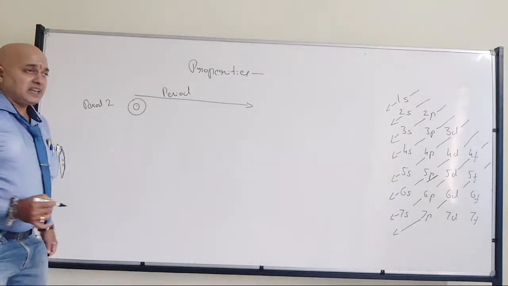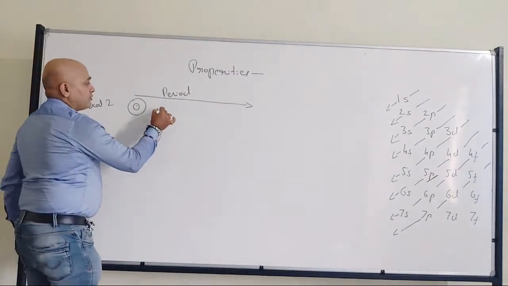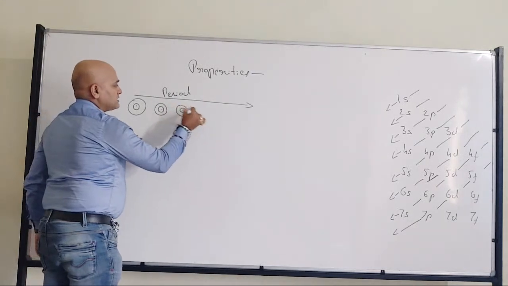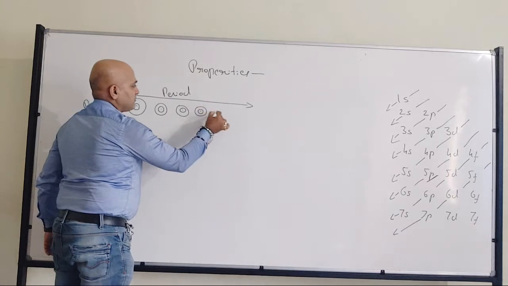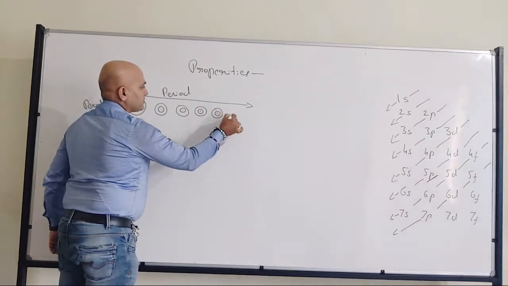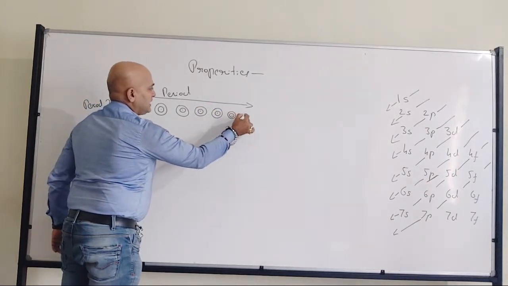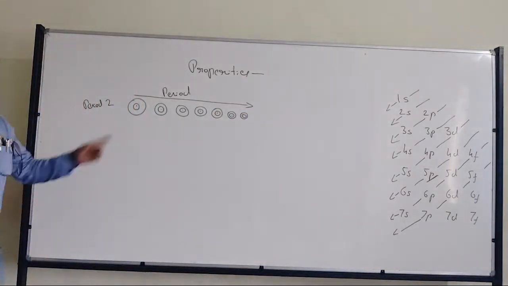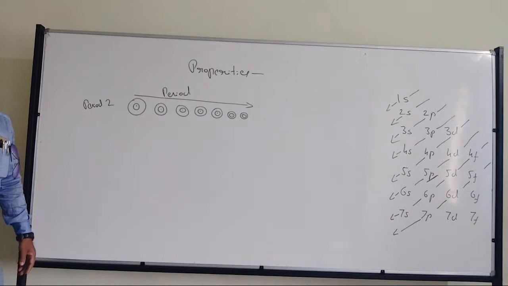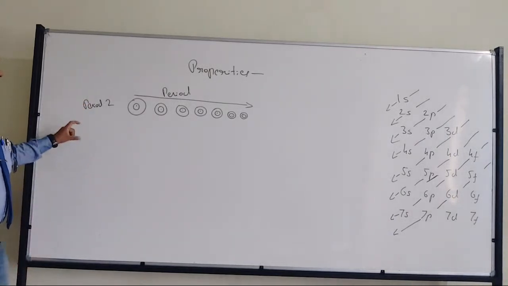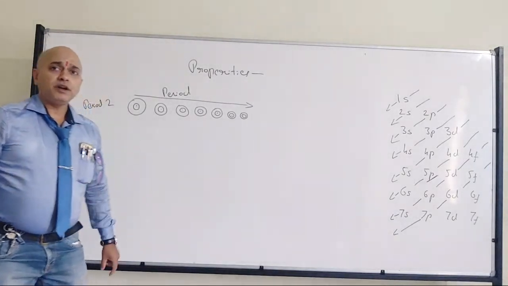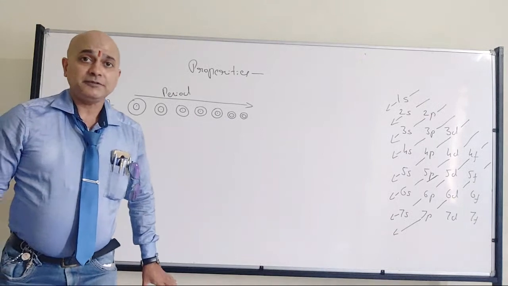In all these elements, outermost energy level will be 2 only. All of you will agree? That's what period number 2 indicates. What about period number 3? Period number 3 indicates that for all the elements the outermost energy level will be 3.